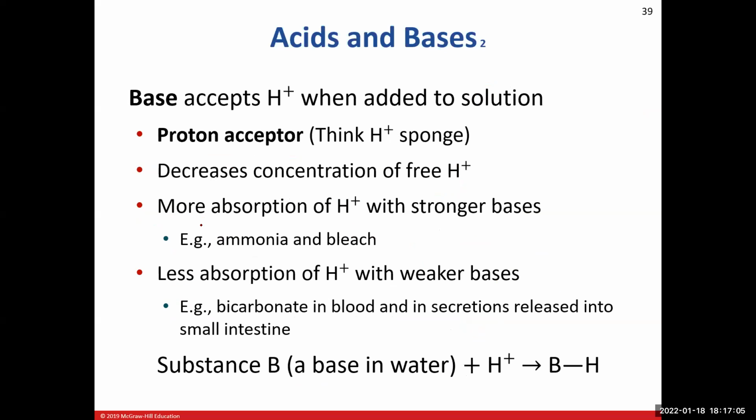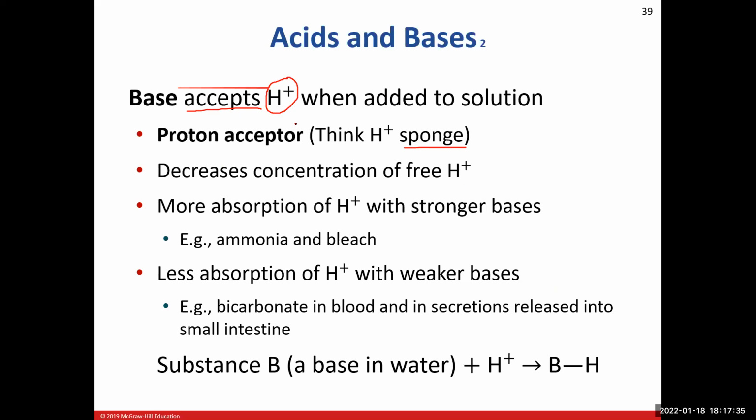Now, when we're talking about acids, we also have to talk about bases. For a base, I want you to think like a sponge. When we add a base to a solution, it goes around that solution looking for these hydrogen ions that are all by themselves, and sucks them all up, or accepts them.